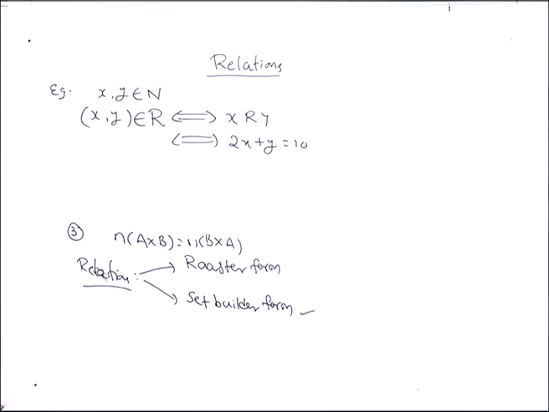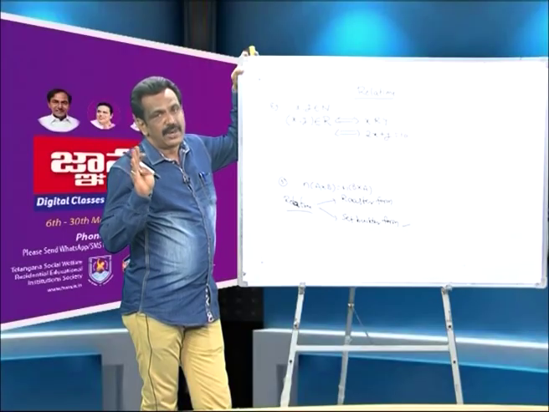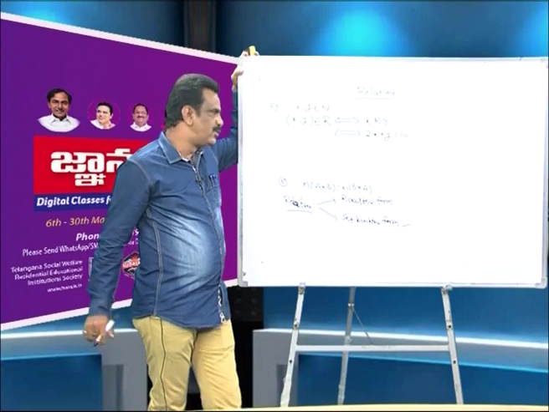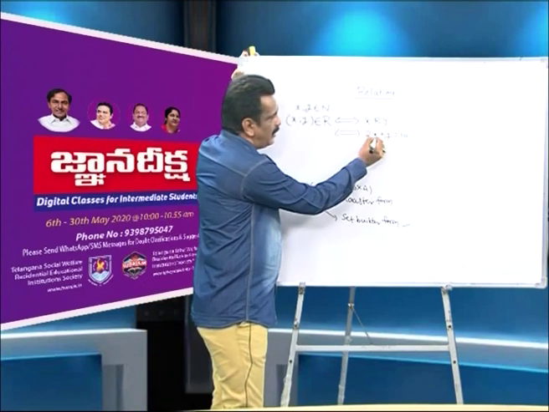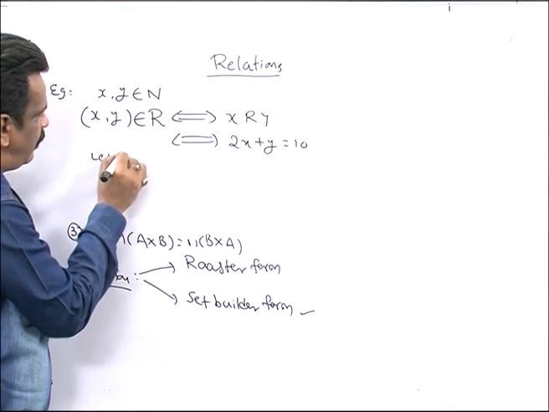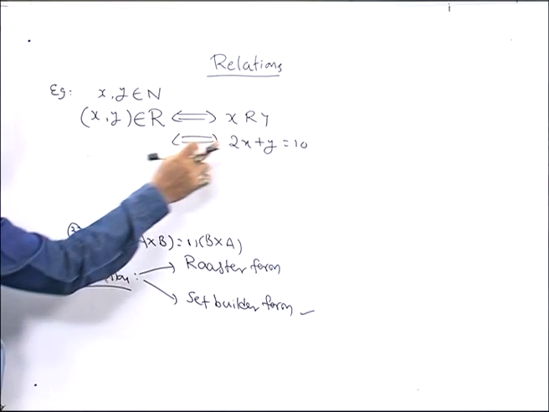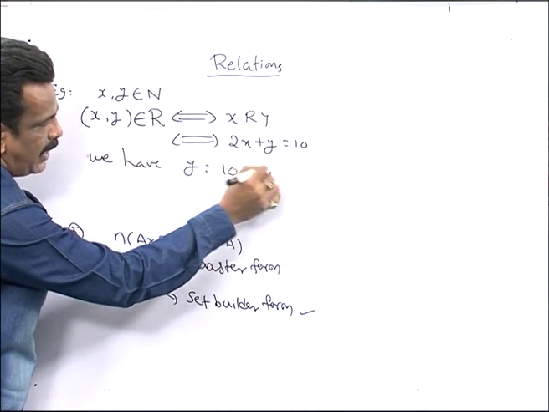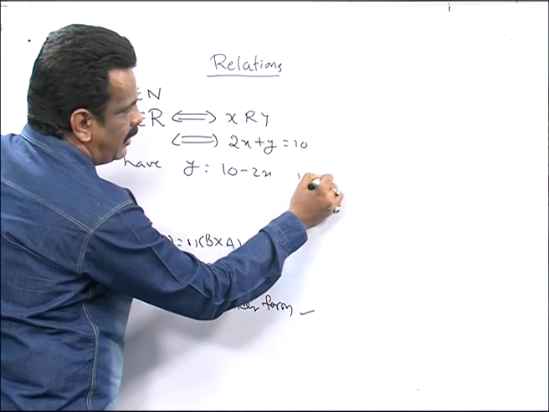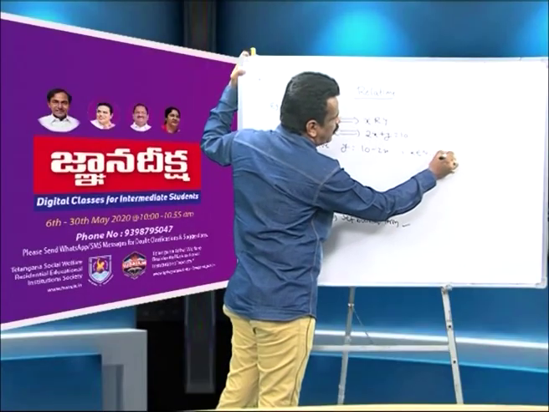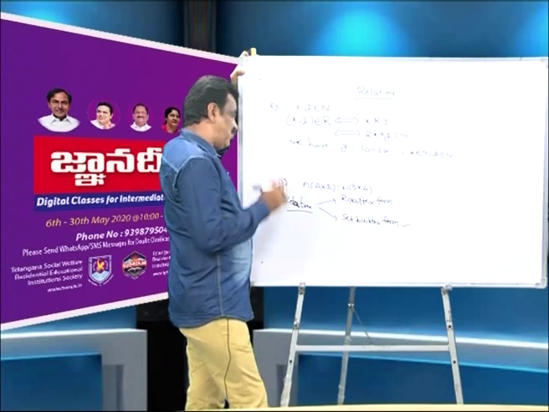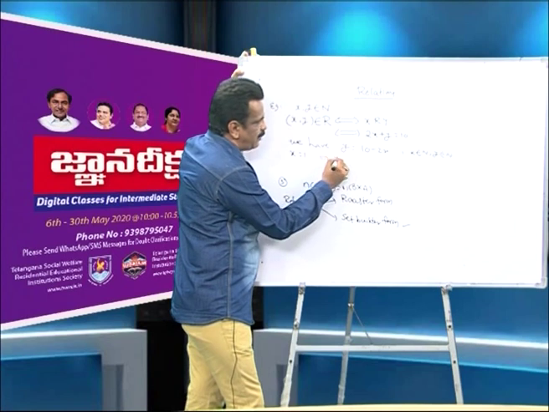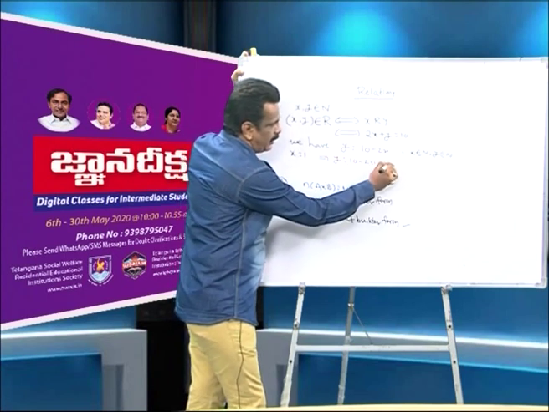In this case, first I want to find the ordered pairs of the relation, next I want to find out the domain of the relation, and the range also. So we have y equal to 10 minus 2x from this relation, and of course x is a natural number, y is also a natural number. Take x equal to 1: y equal to 10 minus 2 into 1, it is 8.